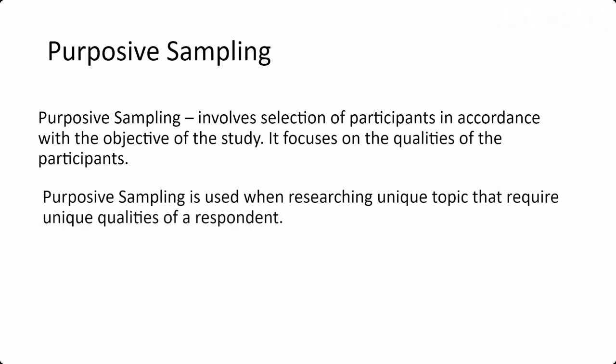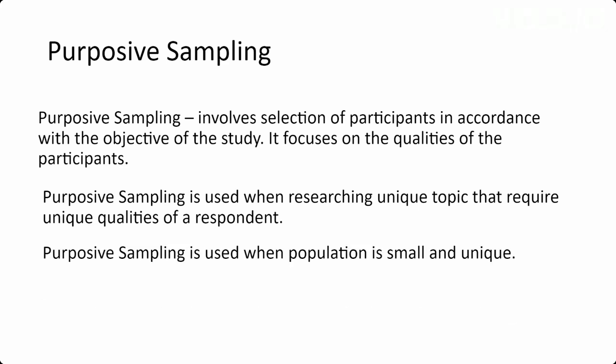Purposive sampling is used when researching a unique topic that requires unique qualities of a respondent. So if you have a topic which is not common, you cannot just walk or ask anybody or sample just at will without assessing the qualities of the respondent.